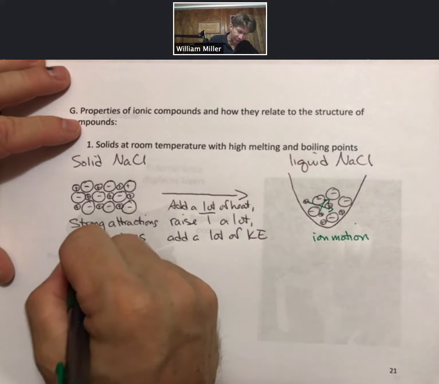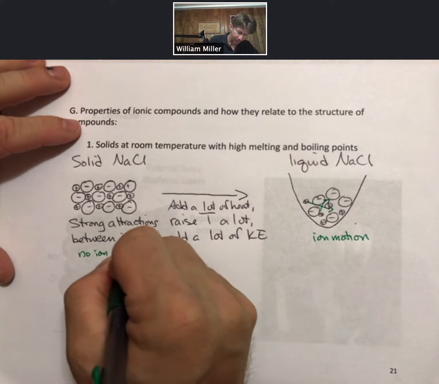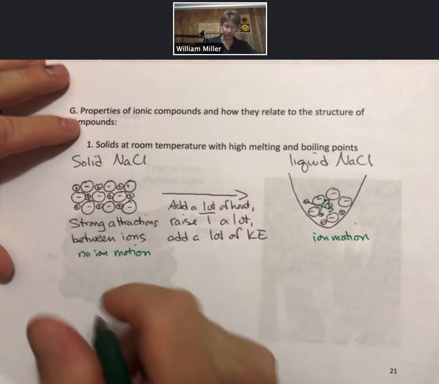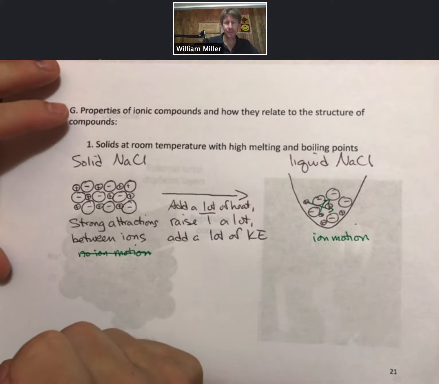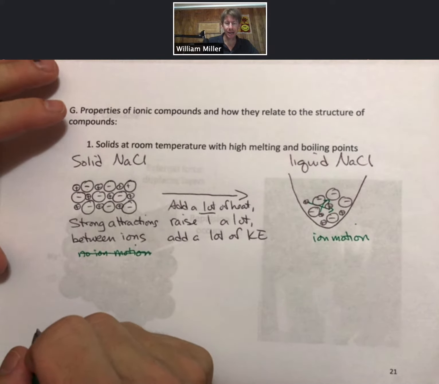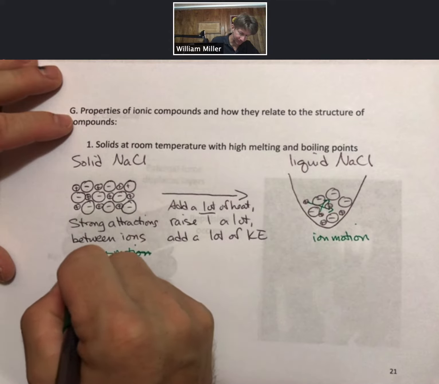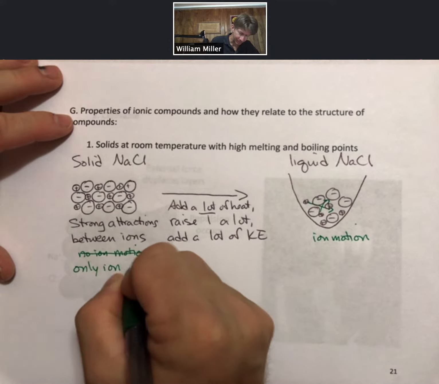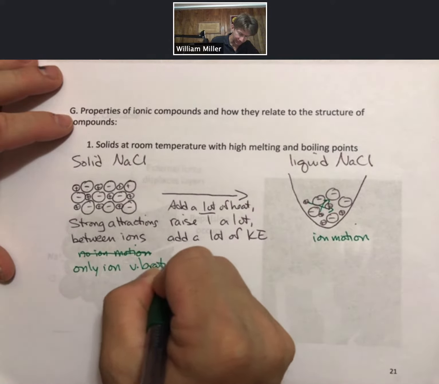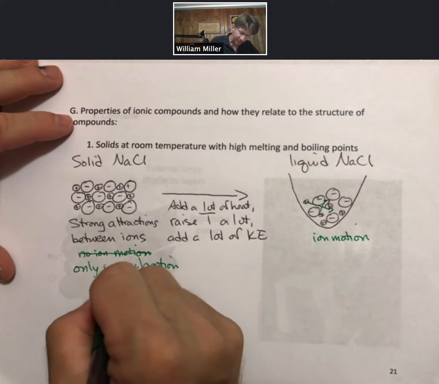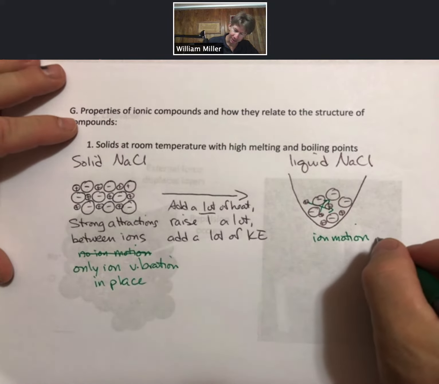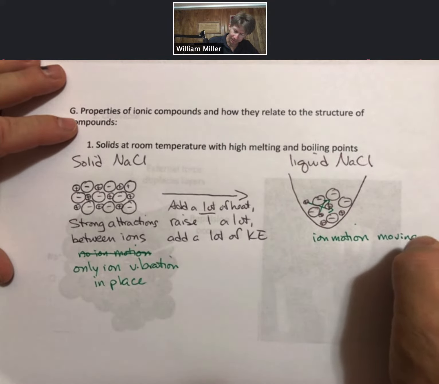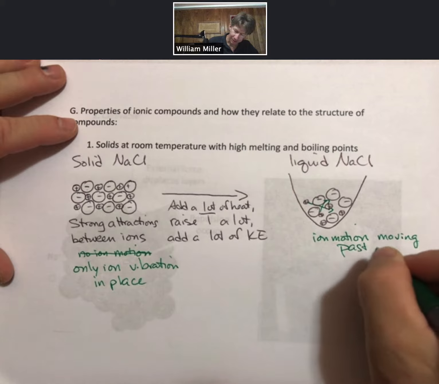Here you have no ion motion, or I should say only ion vibration in place. That is a type of motion, but here in the liquid there's ion motion, moving past other ions.